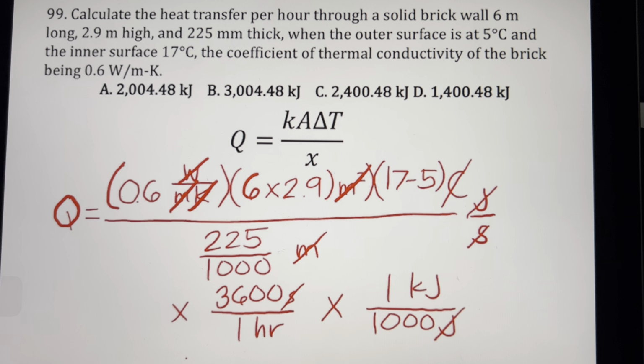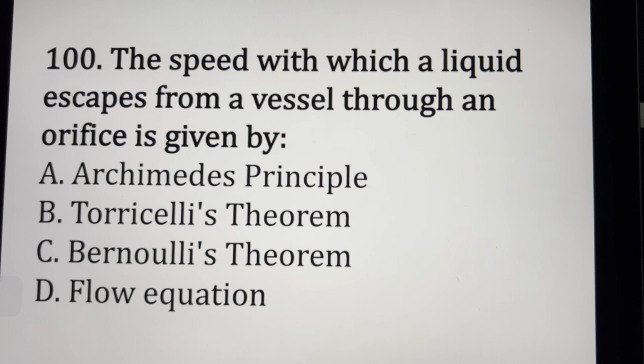What is our heat transfer per hour? The answer is 2,004.40 kilojoules per hour. The speed with which a liquid escapes from a vessel through an orifice is given by Torricelli's theorem.